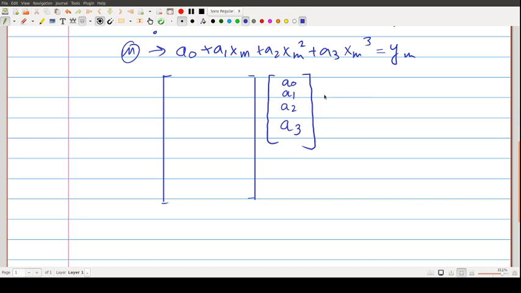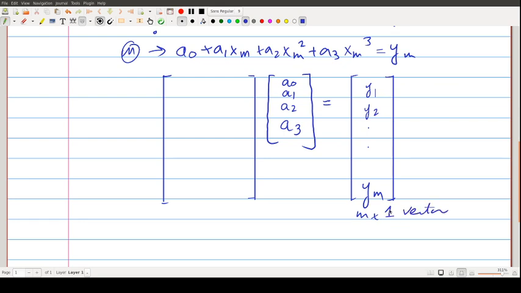And the right hand side are points that I already know. So the right hand side is y1, y2, dot dot dot up until ym, right? So this is an m by 1 vector, or rather I can say that this belongs to the m-dimensional real space. The unknown vector belongs to the 4-dimensional real space, so this is a vector in R4.